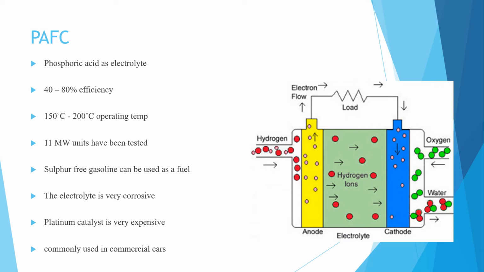Existing phosphoric acid cells have outputs up to 200 kilowatts, and an 11 megawatt unit has been tested.